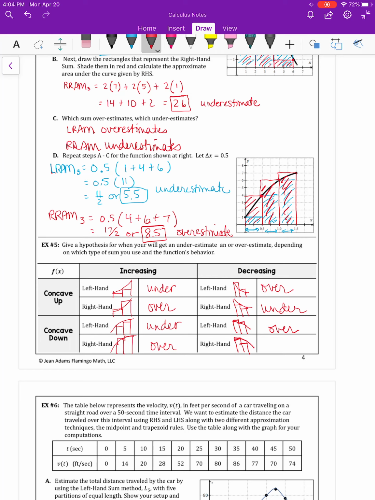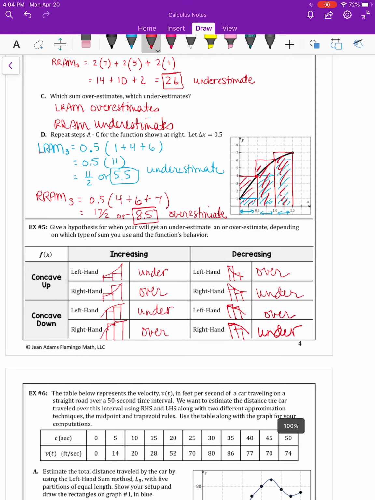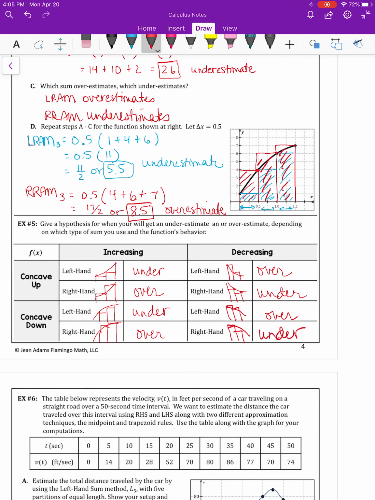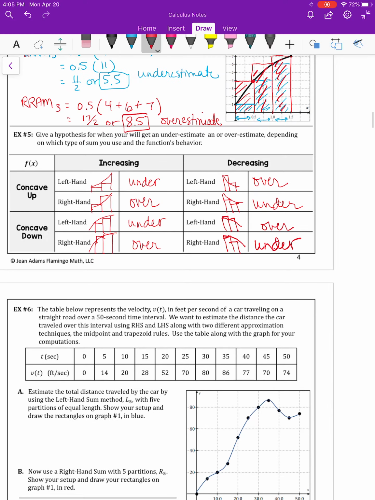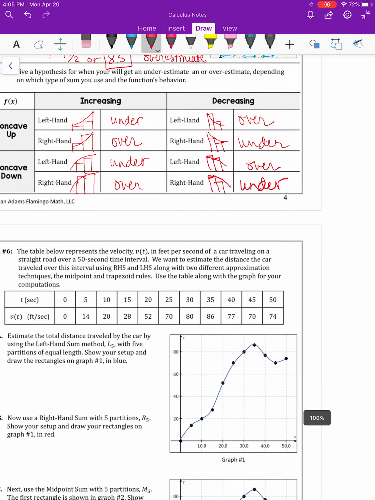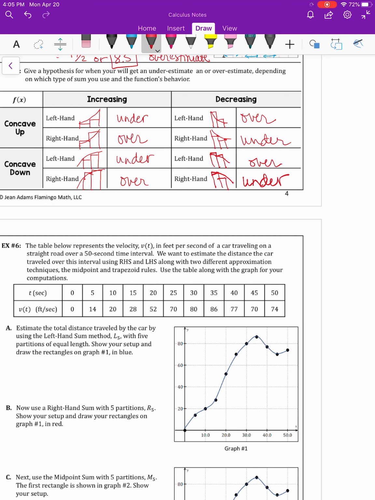And if we're decreasing and concave down, our left-hand Riemann sum is going to be an overestimate. And decreasing concave down, right-hand Riemann sum is going to be an underestimate. So I gave you a little picture of what each one of those would look like. And basically, like I said, we're just taking the area of a rectangle and adding them up and giving an estimate.